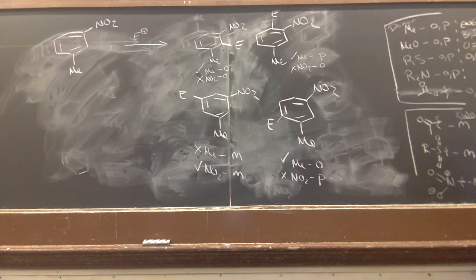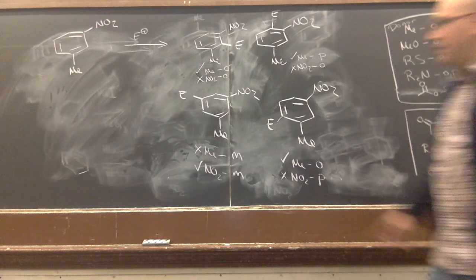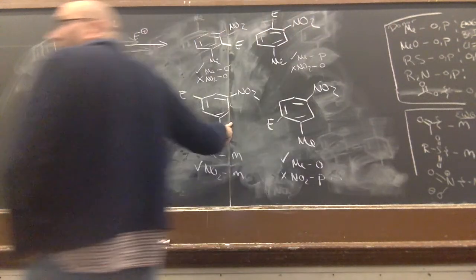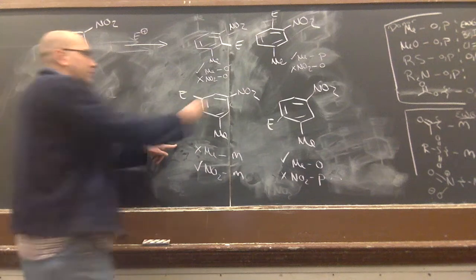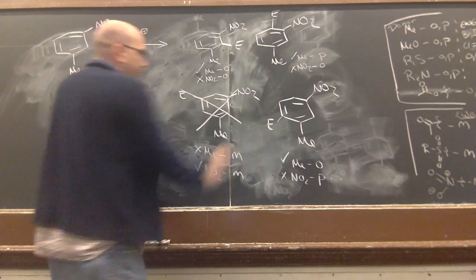And you can think about that in terms of really good resonance stabilization, for example. The fact that it's serving as a nucleophile, right? So the group that is making it a better nucleophile might be the one that trumps. So right off the bat, what we could say is that this structure here, where it's meta, that's probably not going to happen, right?